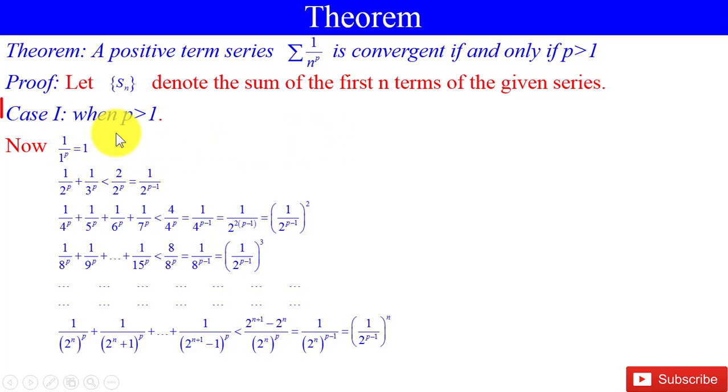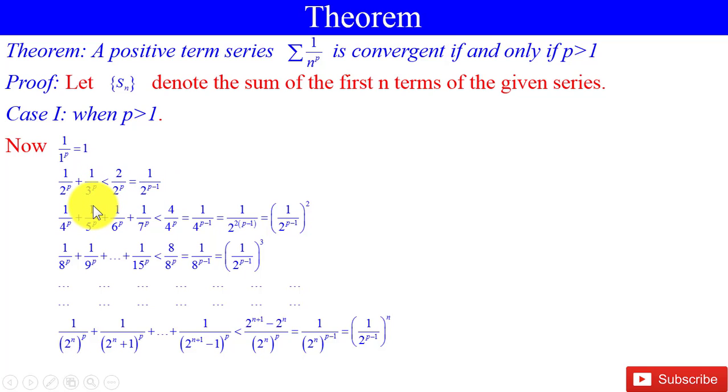Case 1. When p is greater than 1, then 1 by 1 raised to the power p is equal to 1. 1 by 2 raised to the power p plus 1 by 3 raised to the power p is less than 2 by 2 raised to the power p, which is equal to 1 by 2 raised to the power p minus 1.